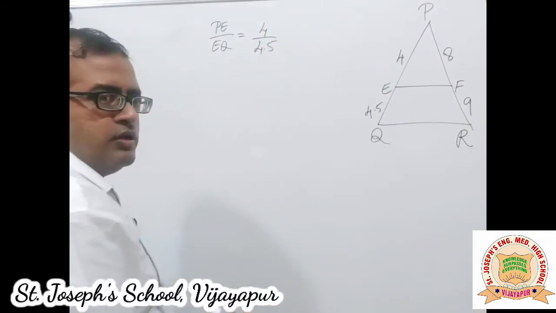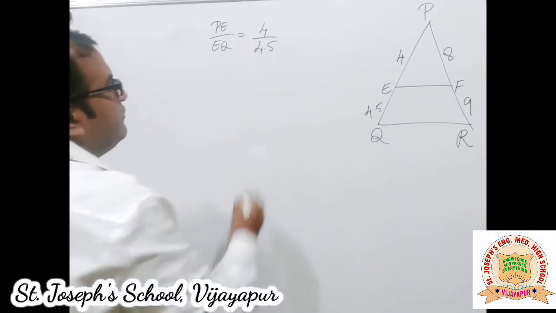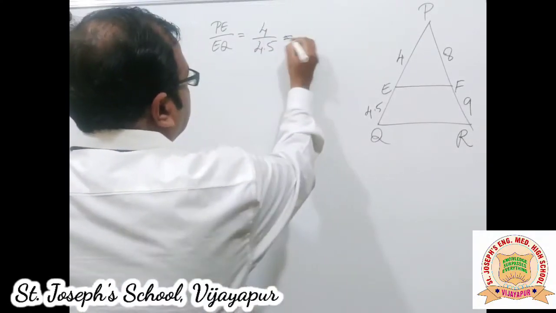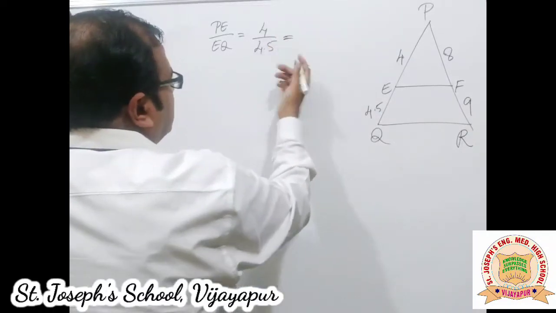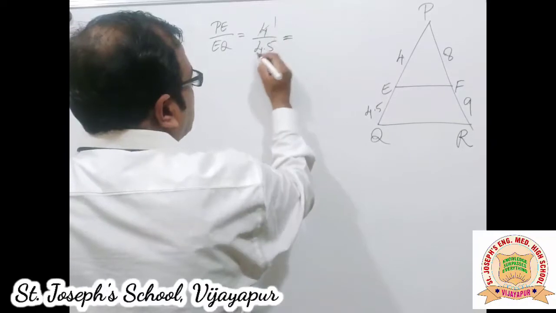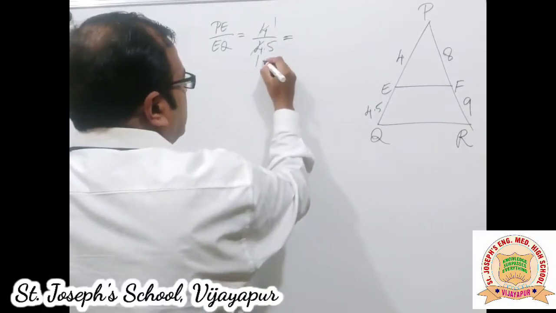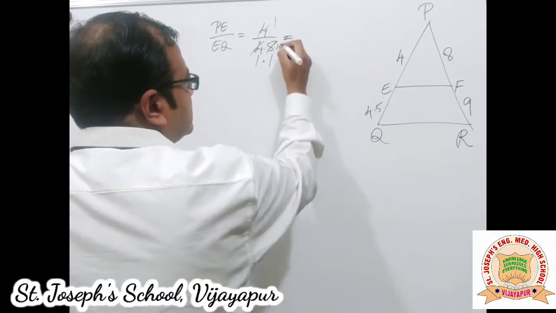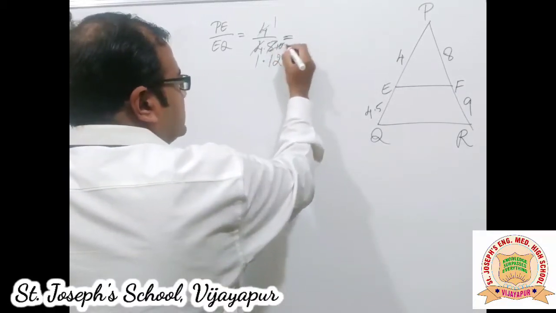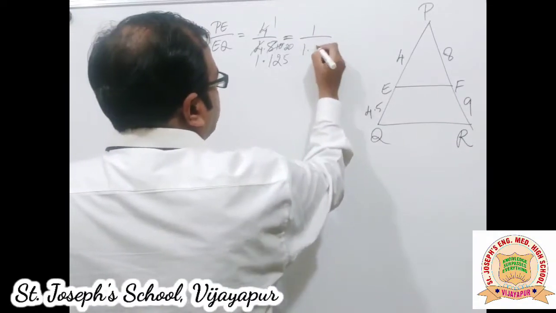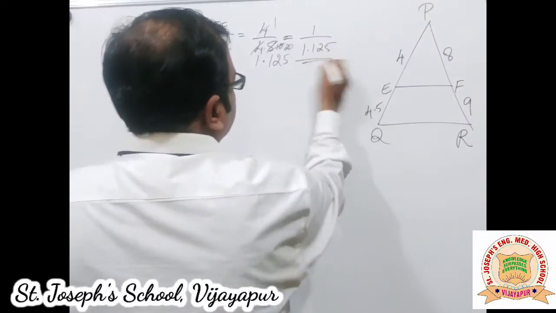4 upon 4.5. If you want to simplify, I think this itself is fine. Further, if you want, 4 ones are 4, 1 remains. So 4 twos are 8, 2 remains, and so on, it's 1.125.